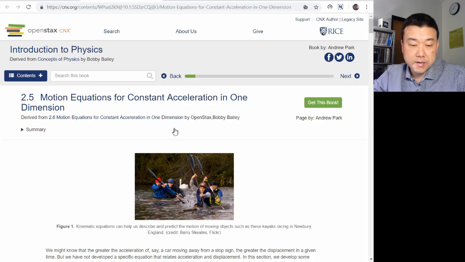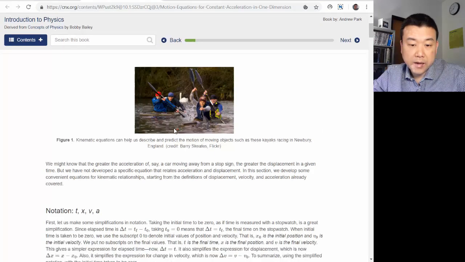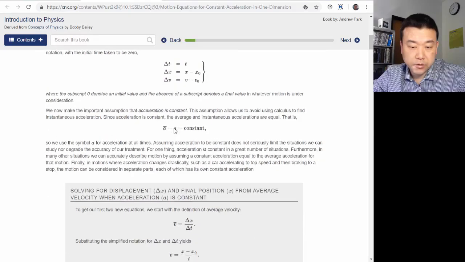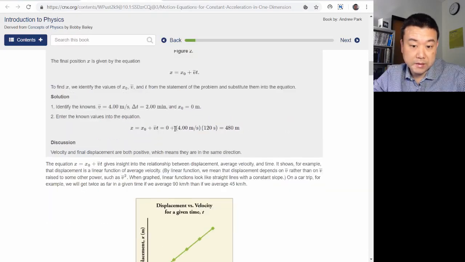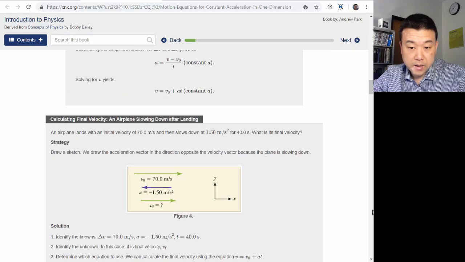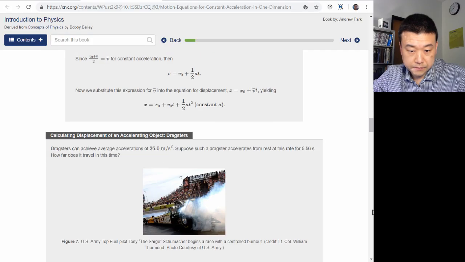So in the hint, it said that the example calculating distance traveled under constant acceleration, dragsters, would be the example that's relevant. And if you look at it, here it is, dragsters.